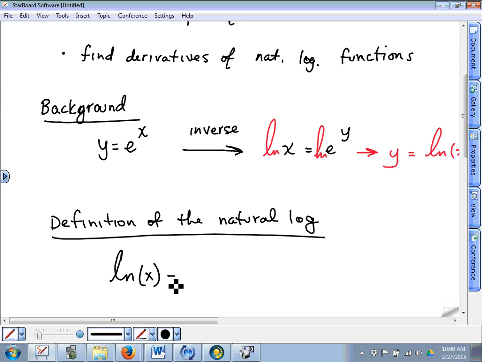The natural log of x is equal to the integral from 1 to x of 1 over t dt, and x has to be greater than 0.